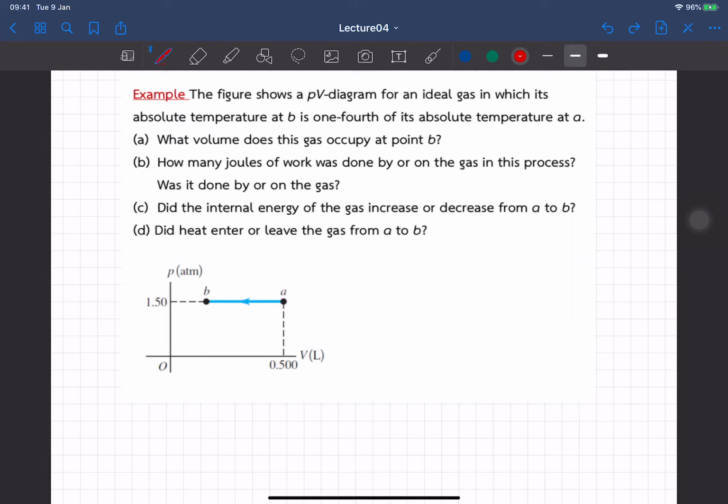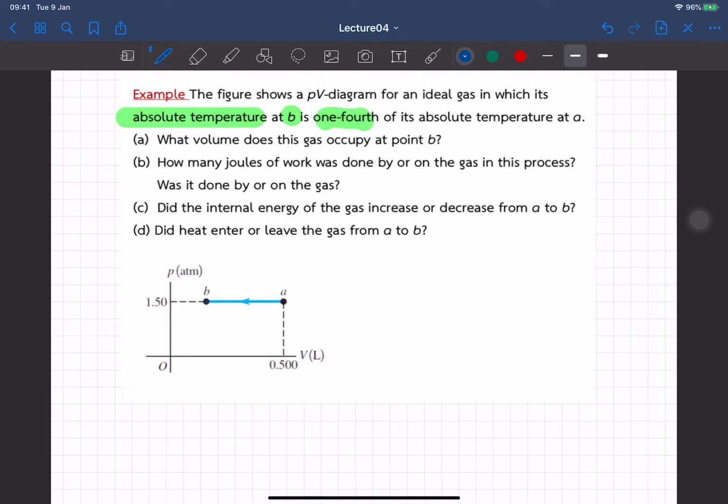All right, so let's see what we can do in terms of calculation. Let's read the question together. The figure shows a PV diagram, and an ideal gas, which is good, because there are a lot of formulas that we can use for an ideal gas. And the absolute temperature at B is 1/4 of the absolute temperature at A. That's a very important piece of information.